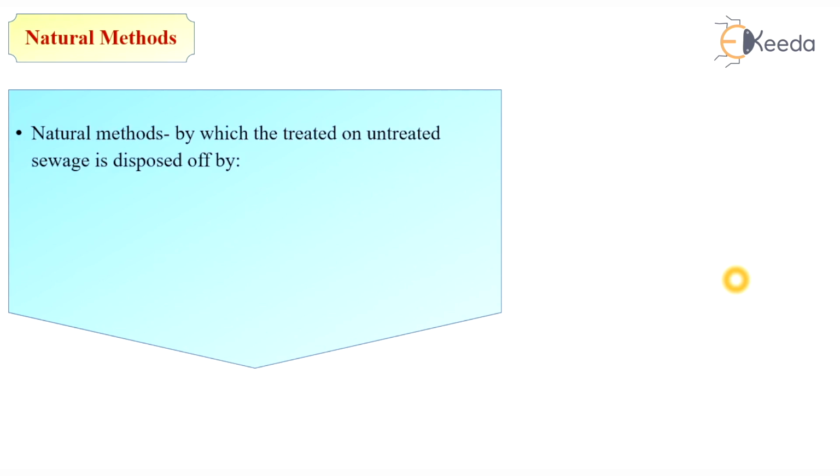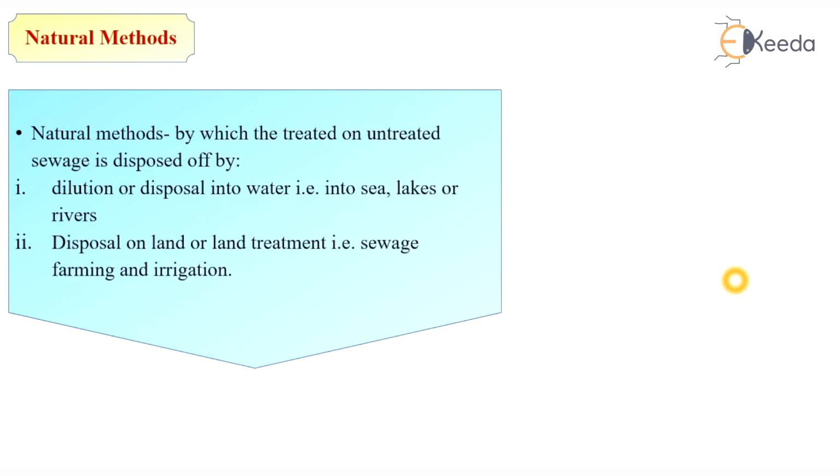In the natural method, treated or untreated sewage is disposed of by dilution, that is, into sea, lakes or rivers, and by disposal on land or land treatment, that is, sewage farming and irrigation. So basically there are two methods of sewage disposal. One is the natural method and another one is the artificial method.